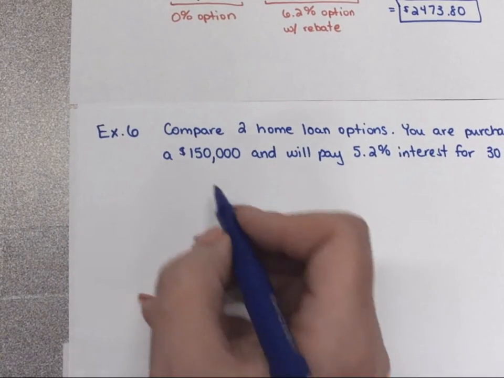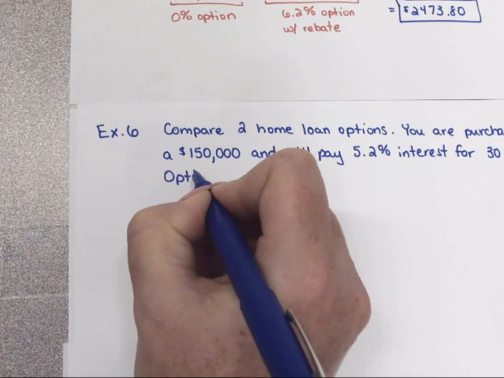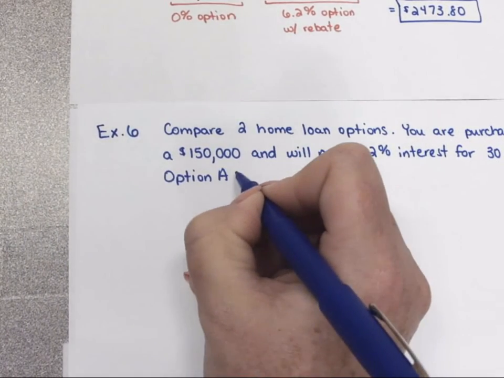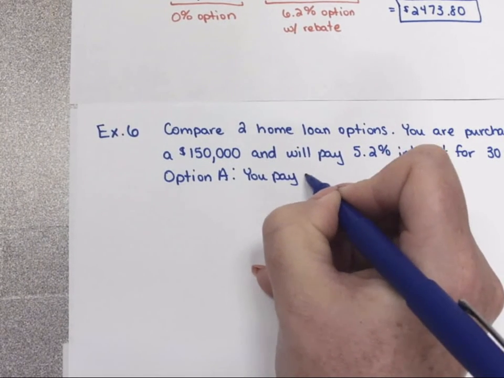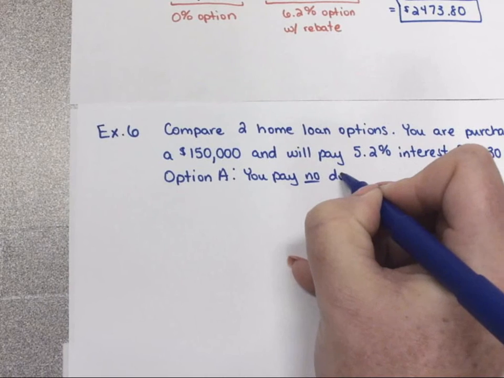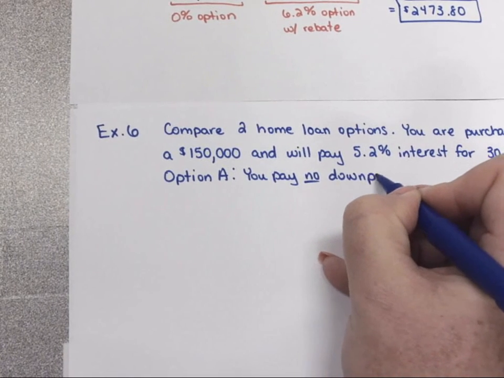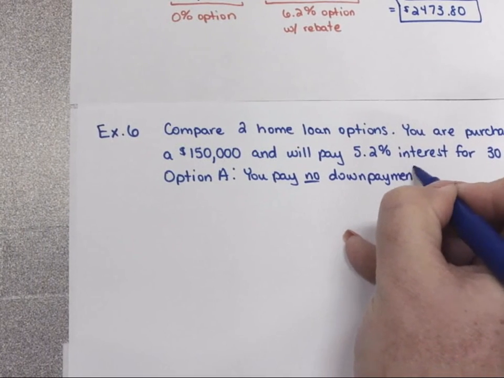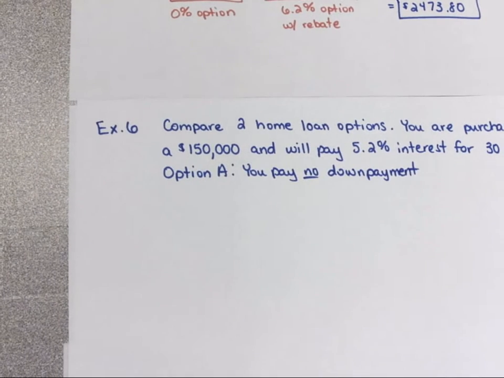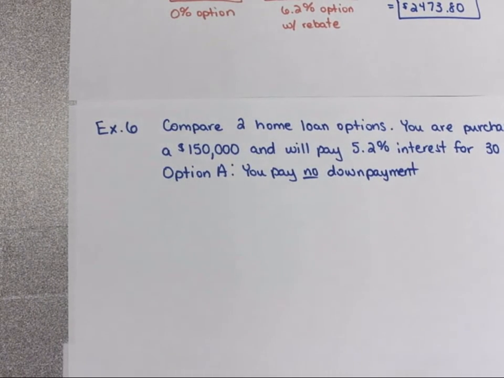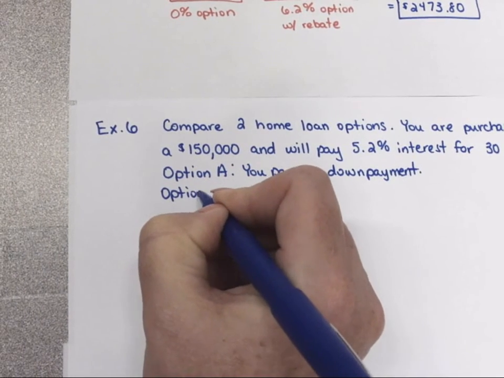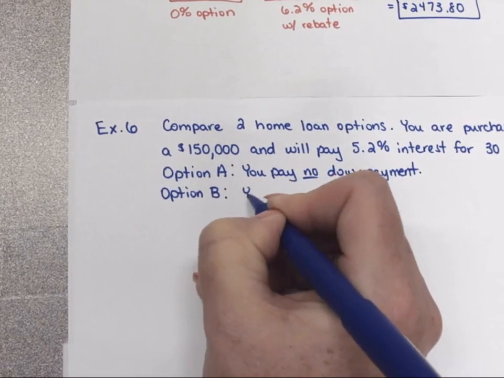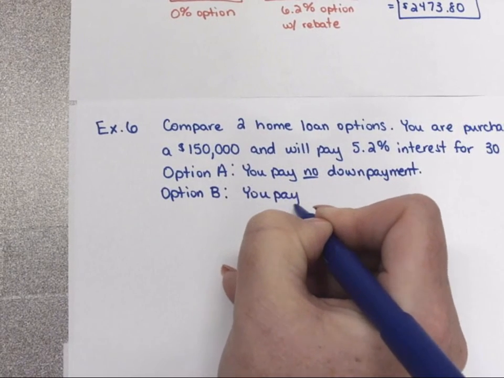So let's say that option A is you pay no down payment. Options like that are appealing to consumers because they don't want to pay a down payment, right? But let's say that option B is you pay 10% down.